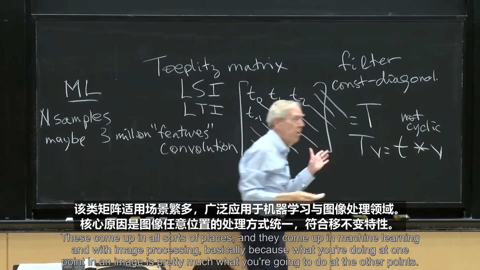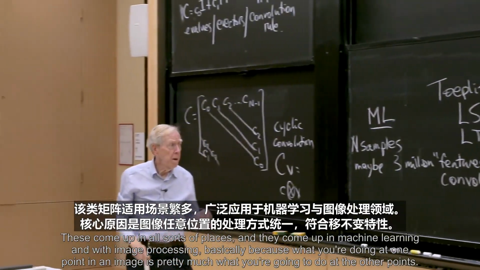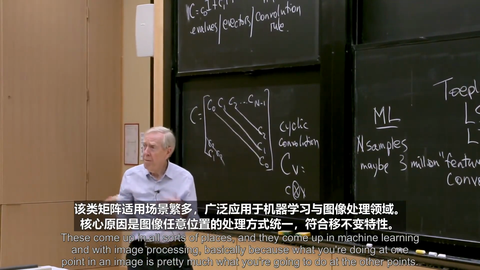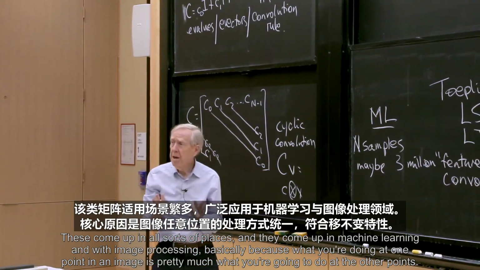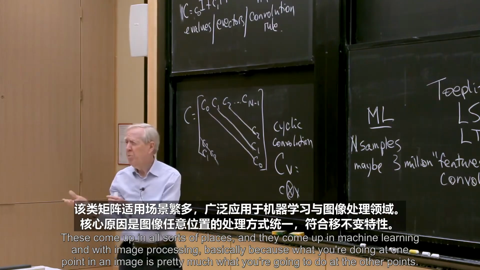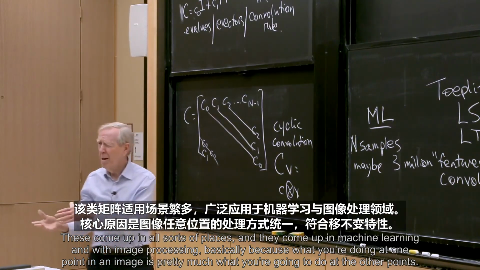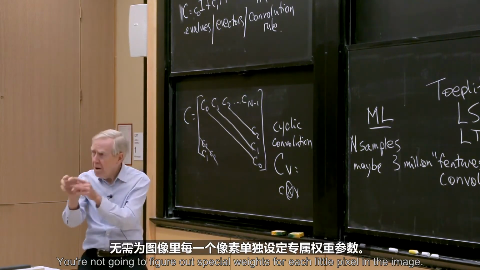These come up at all sorts of places, in machine learning and with image processing. Basically, what you're doing at one point in an image is pretty much what you're going to do at the other points. You're not going to figure out special weights for each little pixel.